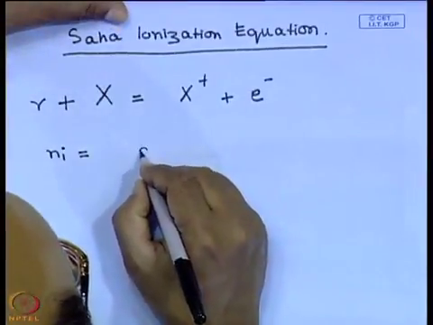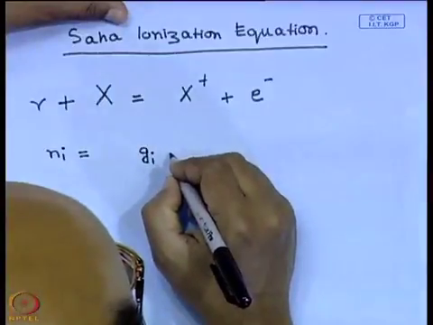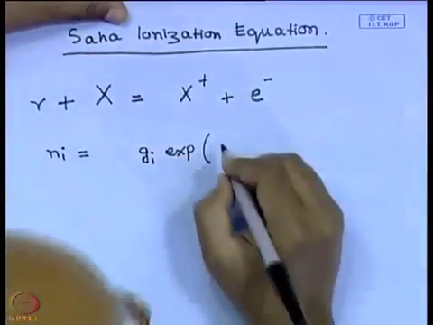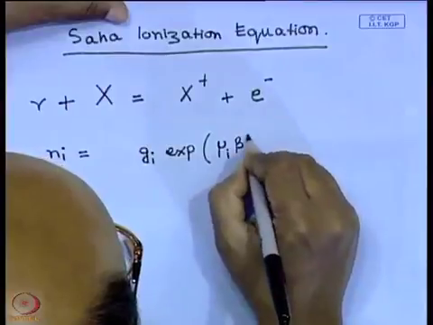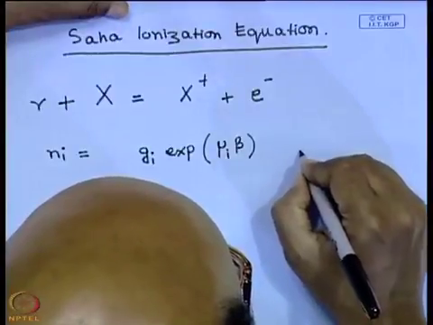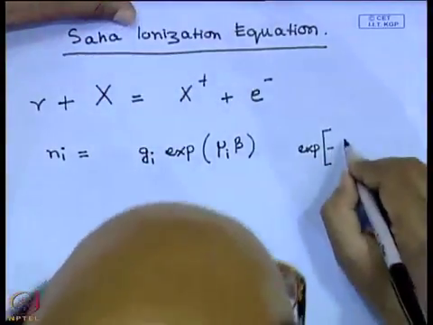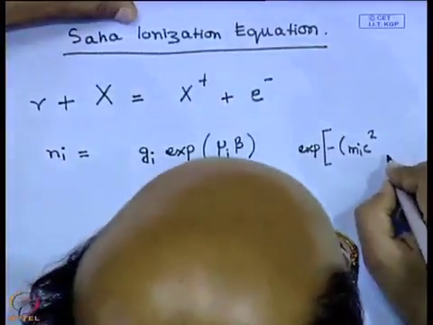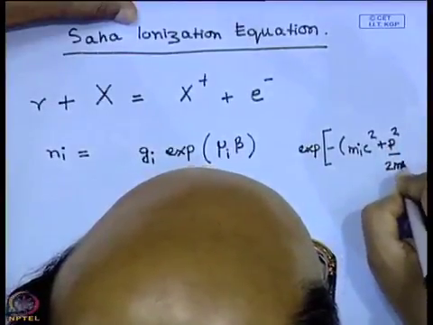is given by g_i into exponential mu_i into beta into exponential minus m_i c square plus p square by 2 m_i into beta.